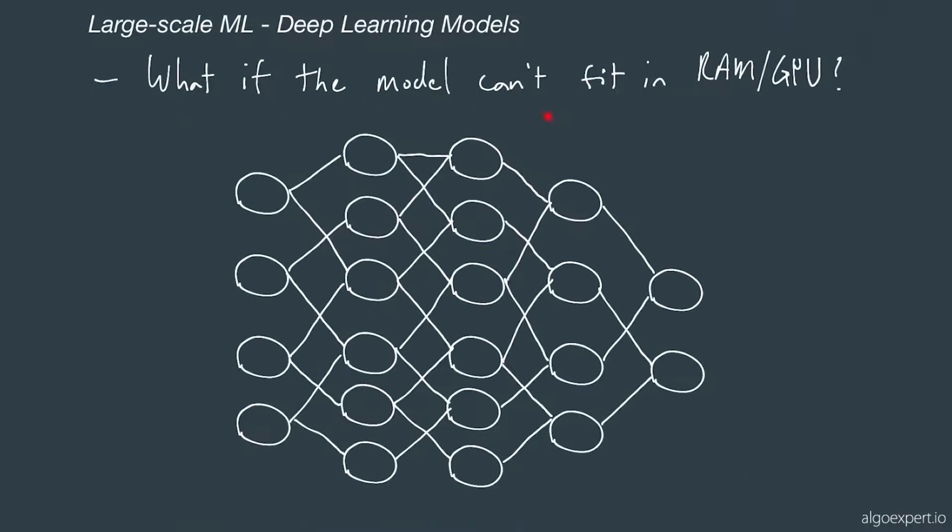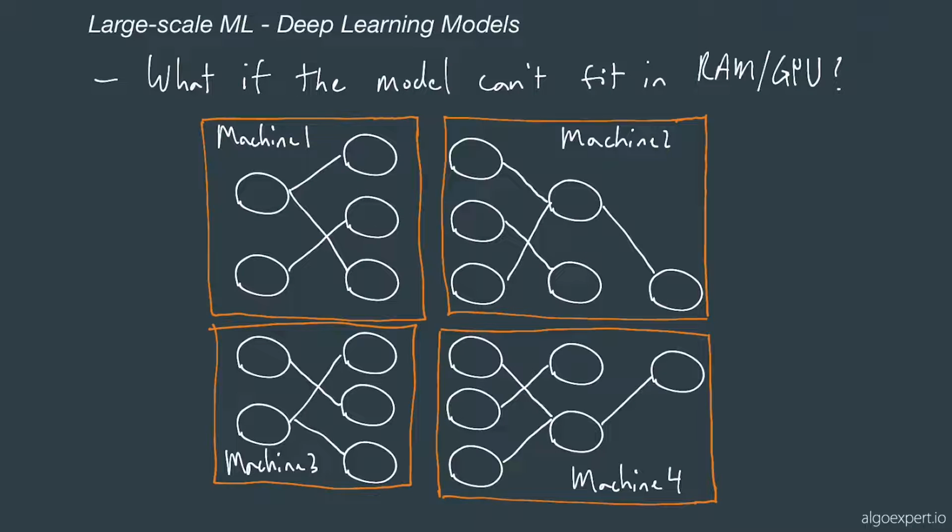Now, if the model can't fit in RAM or GPU, then we want to partition our model across different machines. So here, this machine could get a part of the neural network, this machine could get another part, and so on. Now, in order for a forward pass or backward propagation to still work, these machines will have to communicate at these points.